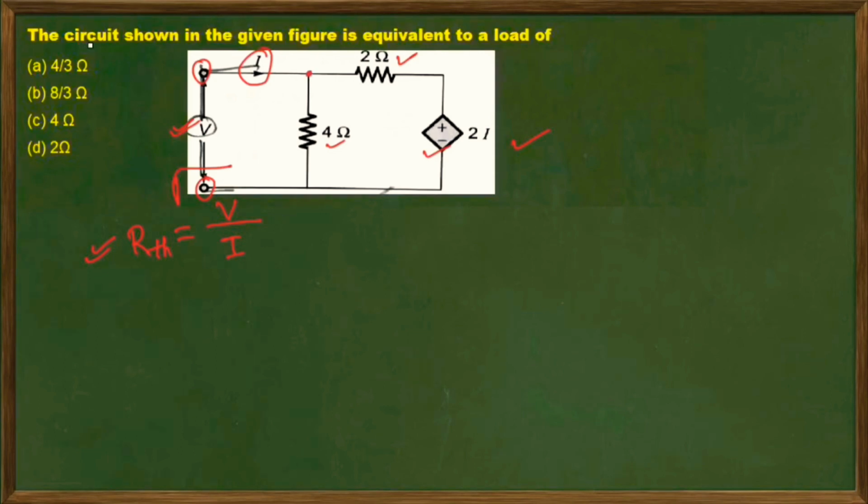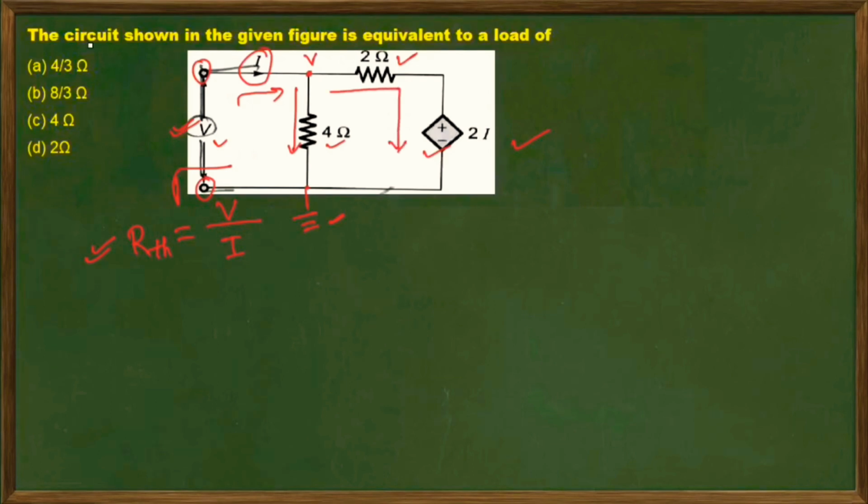Now let's apply the nodal voltage analysis to this node. And let me make this your reference node. As this is the reference node, the voltage across this resistance is V. So the same voltage will be reflected at this node, so the node voltage will be V. Now let's apply the nodal voltage analysis to this node V. The current flowing in this branch is like this, and in this branch is like this, and in this branch is like this.